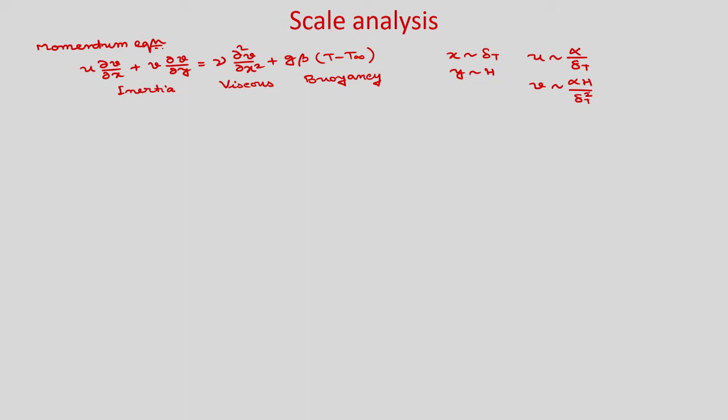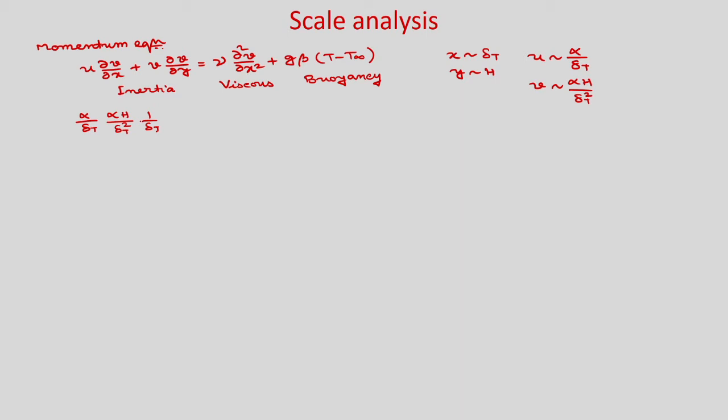Using this scale, now let us see each term. The first inertia term, if you put u as alpha by delta t, v as alpha H by delta t square, and x as delta t.